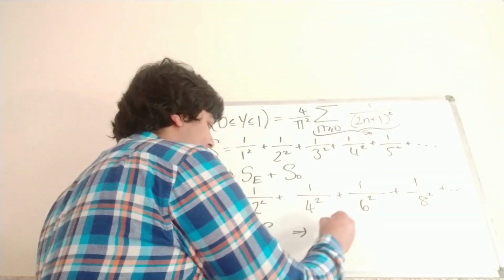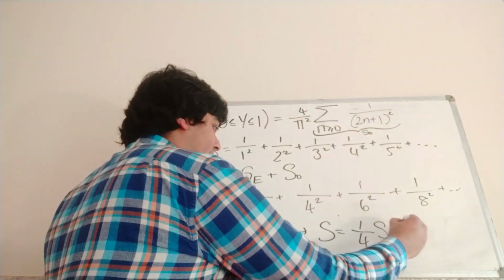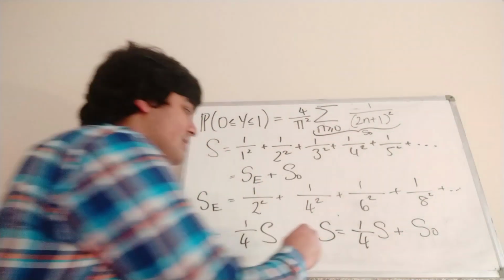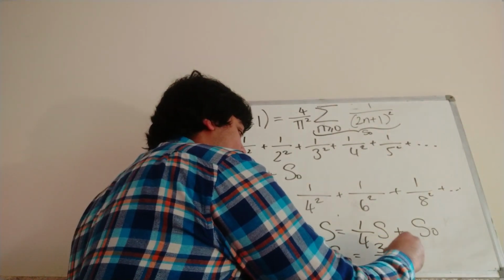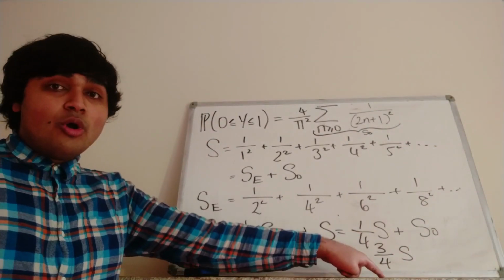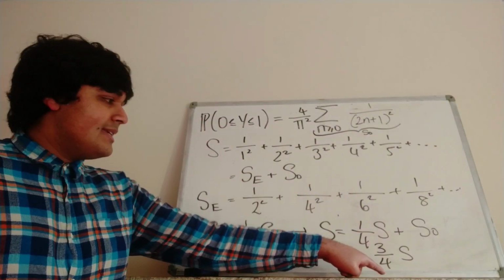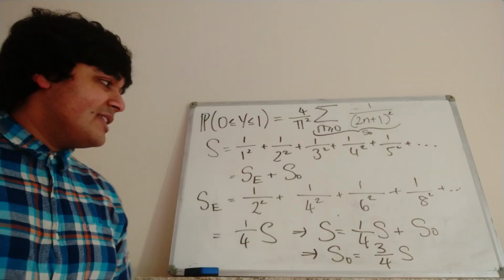So this implies that S is equal to a quarter S plus SO. Okay, but then just rearranging this tells us that SO is equal to 3/4 of S. So the sum of the reciprocals of the odd positive integers squared is equal to 3/4 times the sum of the reciprocals of all the positive integers squared.